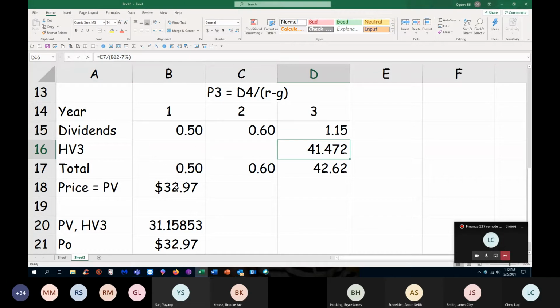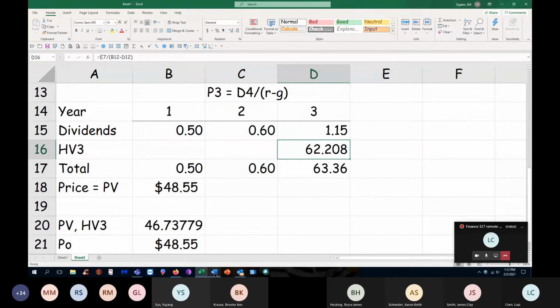So this has a major role in determining the price, doesn't it? So how do we mitigate the effect of our whole world depending upon whether or not you have good estimates of your horizon value?